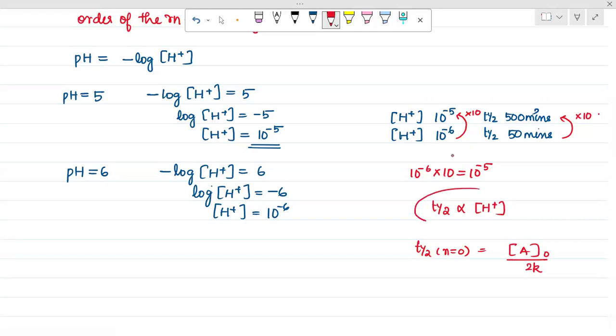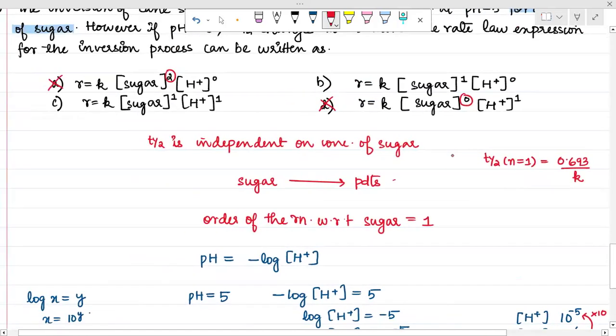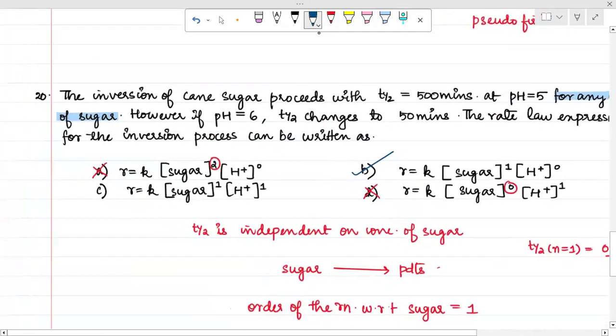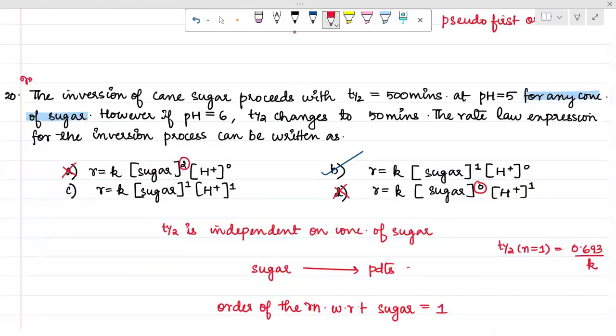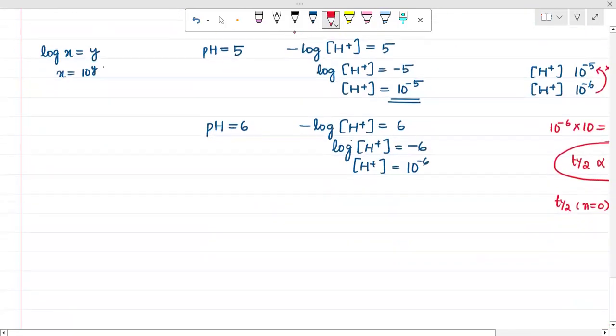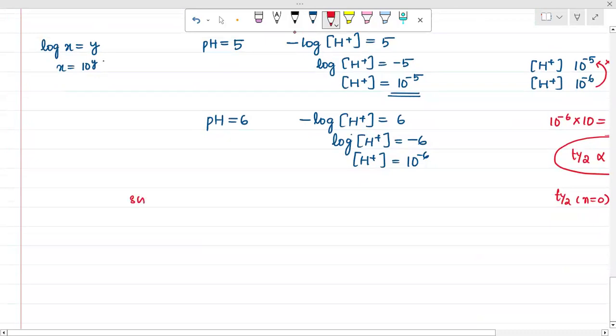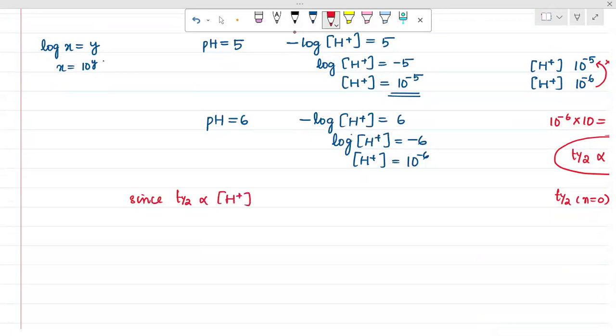Here also we are getting the same, which means it is a zero order kinetics with respect to H plus. It's option B. Very beautiful question. Mark it as important, please. Since T half is directly proportional to concentration of H plus, it follows zero order kinetics.